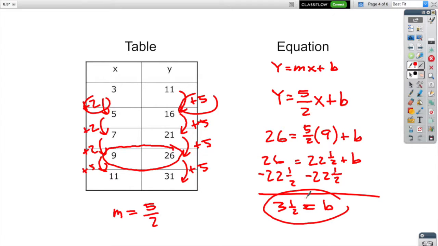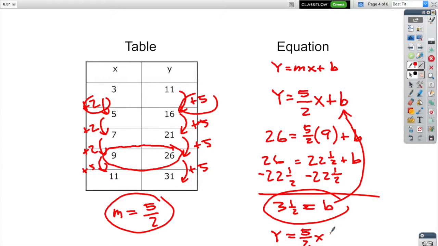So there's our y-intercept. Now I've got my slope, I've got my y-intercept, so I just go back and plug this in right here. And so the equation that goes with this table is y equals 5 halves x plus 3 and a half.